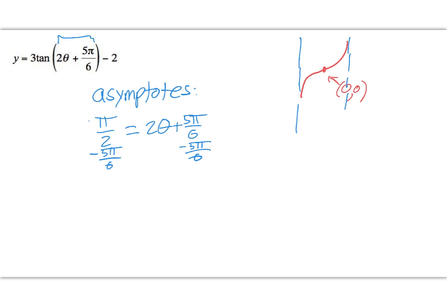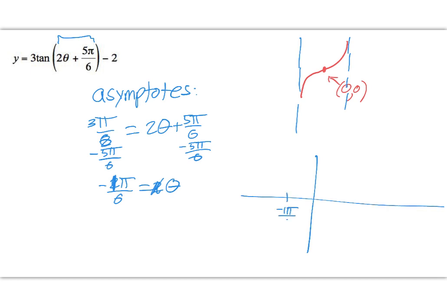And I know that a half is really 3 pi over 6. So that's going to be negative 2 pi over 6. And if that's equal to 2 theta, we'd end up with negative 1 pi over 6 is going to be theta. So let's just kind of set this up. So we've got negative 1 pi over 6, and that's going to be our first asymptote.